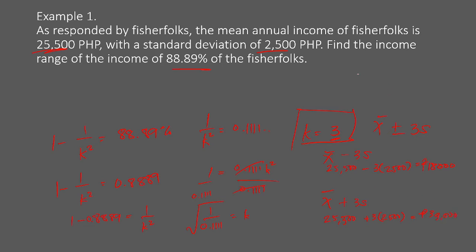So, ano mangyayari doon? So, the range of income of 88.9% of the fisher folks is actually 18,000 pesos to 33,000 pesos is the range of income of fisher folks.